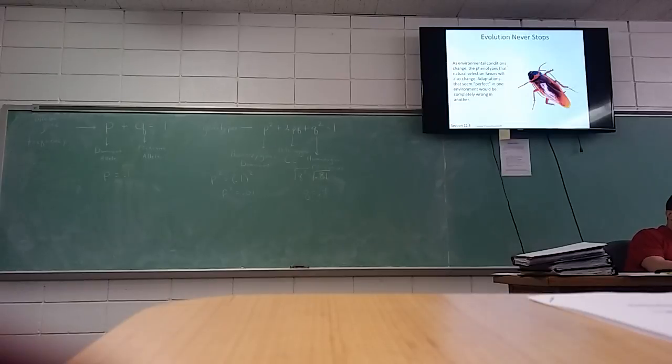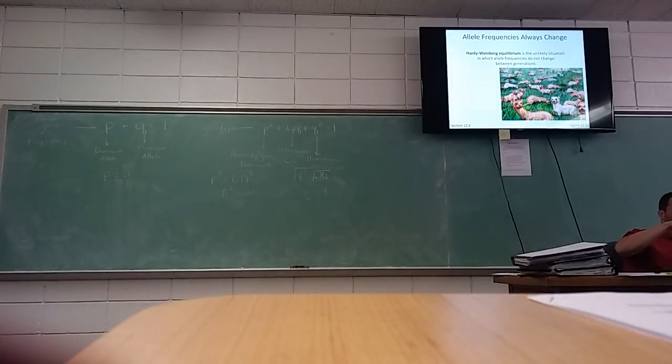And basically, we're talking about evolution, and the Hardy-Weinberg equation is a baseline that we can use to see how much evolution is happening, because the condition for Hardy-Weinberg to be effective is that there's no evolution happening. So any deviation from that lets you know how fast the population is changing.